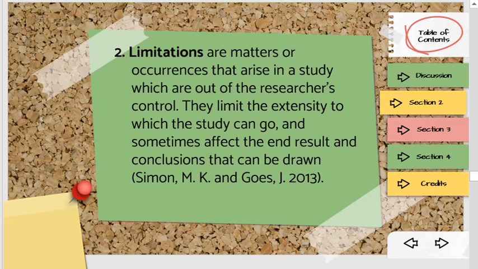Okay, so as per the definition, occurrences that arise in a study, meaning those are incidences that the researcher has not anticipated. For example, supposedly you have seven participants to be interviewed for a particular study. However, there were only six of them who were able to participate.